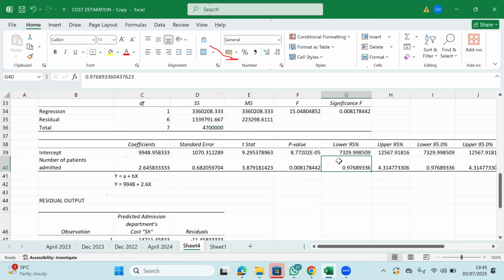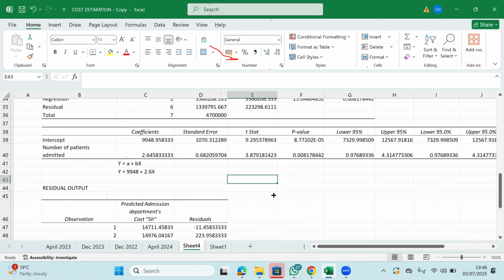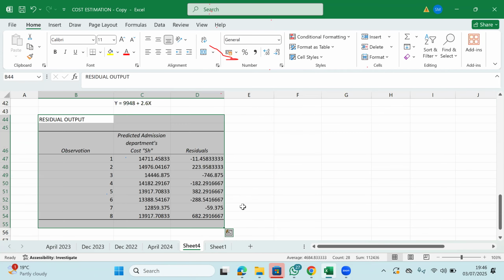So I think that explains everything that we have so far. Then lastly, I want us to look at our residual output, then check on our graph.